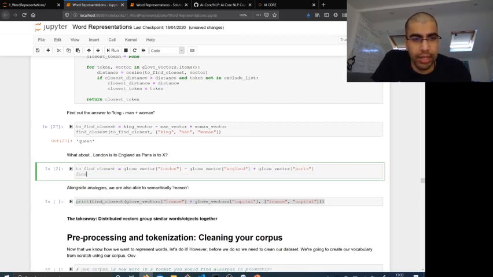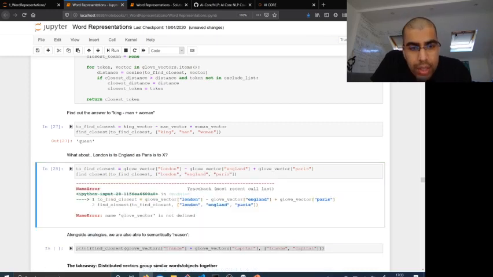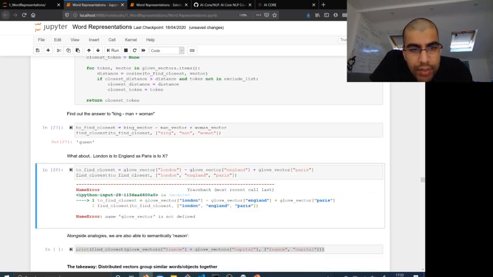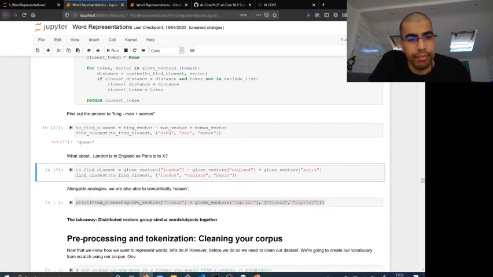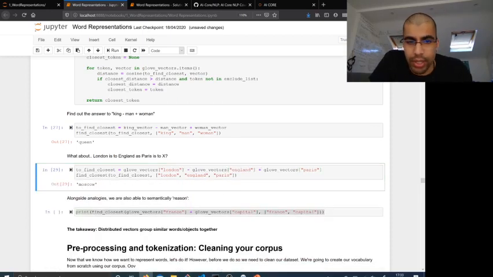Okay, and then find the closest, and we're not going to consider London, England, or Paris. The GloVe vector is not defined. Okay. Moscow, interesting. Okay. Maybe it's because we need to do England minus London.